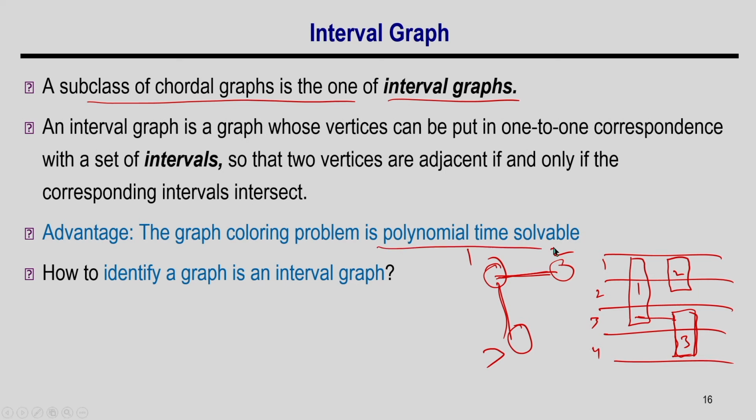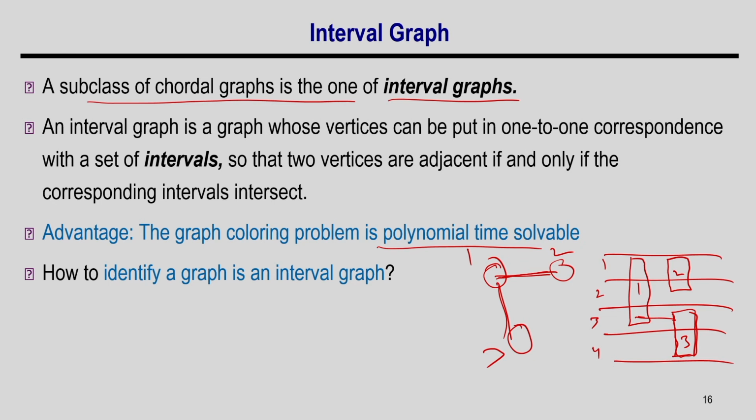Because for interval graphs, the graph coloring problem is polynomial time solvable. So, if I find that the graph we obtain is actually an interval graph, then I can have an efficient algorithm and color the nodes in polynomial time. This is very interesting.